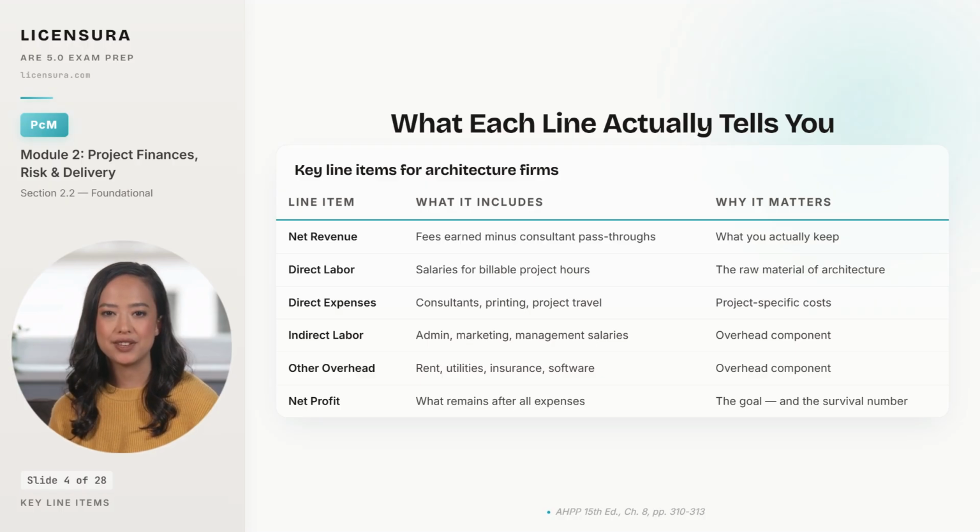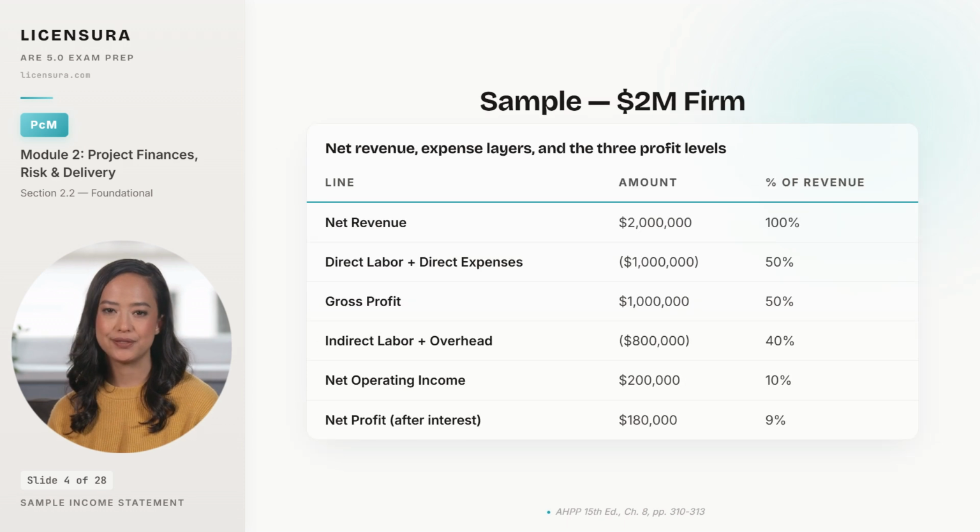Concrete example. Read a sample income statement for a firm doing $2 million in net revenue. Read the sample down the page. Net revenue is $2 million. Call that the top line, 100%. Direct labor of $800,000 plus direct expenses of $200,000 equals $1 million in direct costs, which is 50% of revenue. Subtract those, and you get gross profit of $1 million, also 50%.